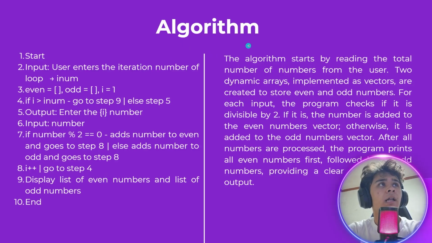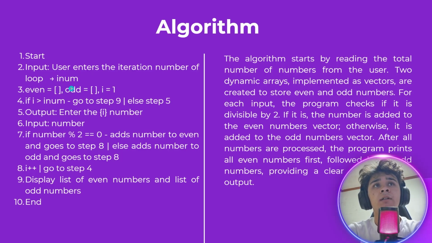So this is the algorithm of the flowchart, and these are the 10 stages which our flowchart will go through. As you can see, it starts from step 1 and ends with step 10. It goes from start, asks the user to enter the iteration number, inum.